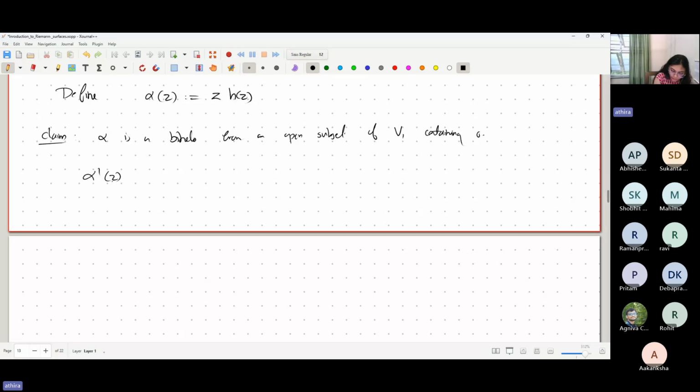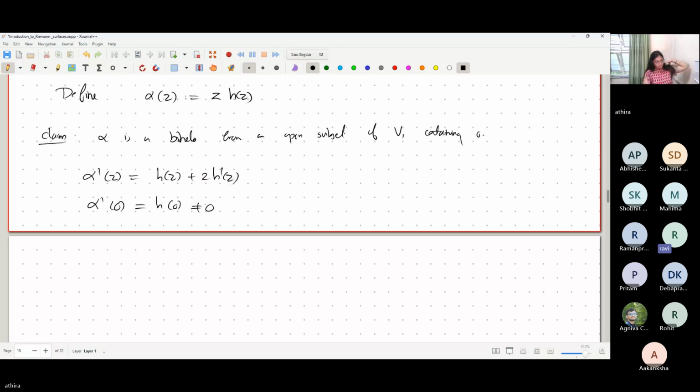I am finding the derivative of alpha, which is H of Z plus Z times H prime of Z, and alpha prime of 0 is H of 0. This is non-zero. Can I say that alpha has an inverse?